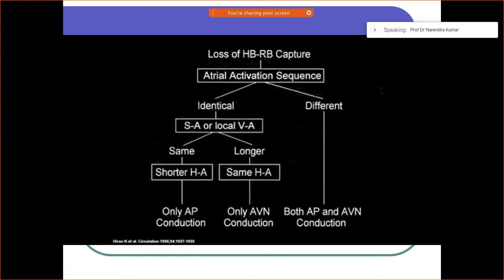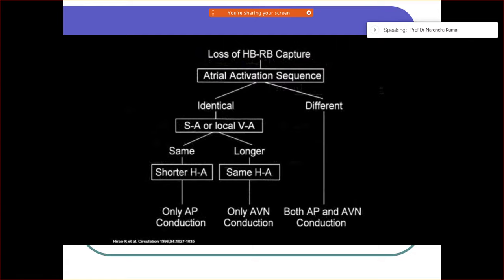Whenever there is loss of His bundle to right bundle capture, you try to see the atrial activation sequence. Is it identical? Is it different? If it is different, that is the only time you will think that both the accessory pathway and AV nodal conduction are present.